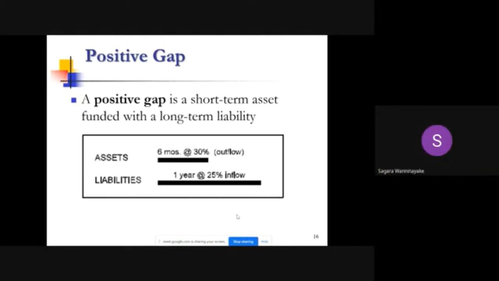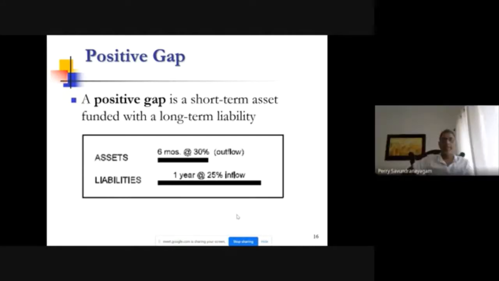Correct? Yes. So then you create a positive gap. Why positive gap? Because your tenor on the asset is shorter than your liabilities. In the other one, it was negative because the tenor was longer on your asset than your liabilities.